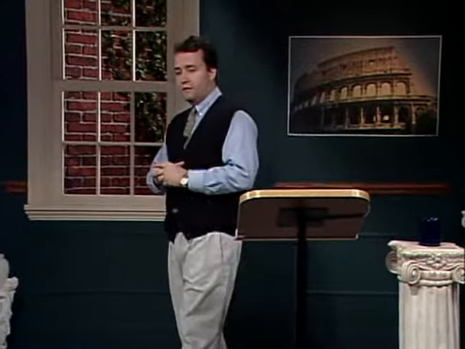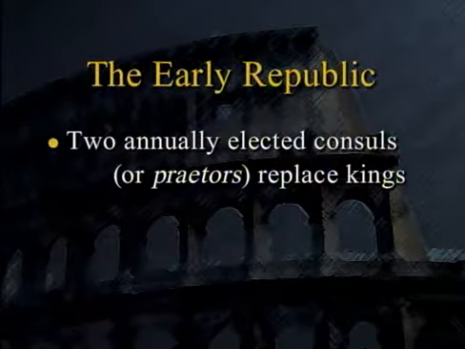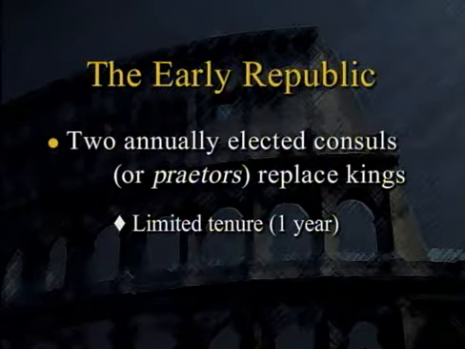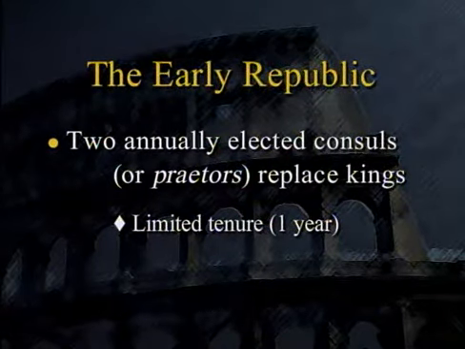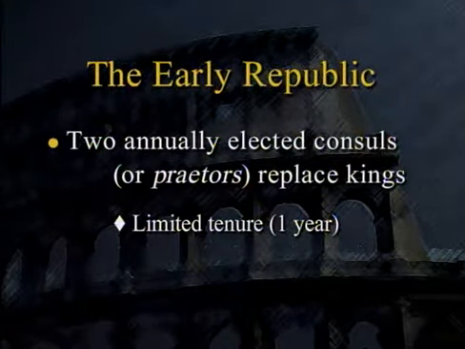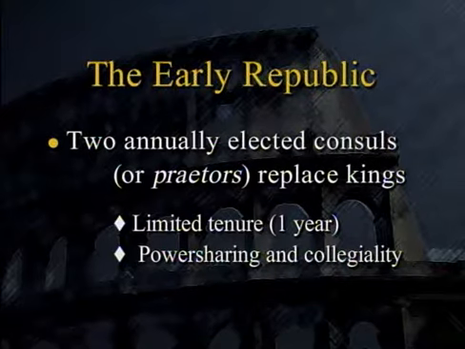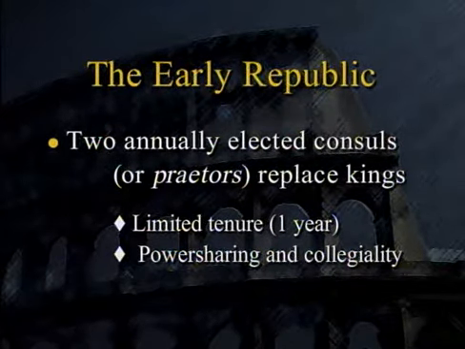What's noteworthy straight away about this system of government is that 2 basic principles that were to forever mark office holding in Republican Rome are established at the very outset. You have a limited tenure of office of 1 year's duration, and you always have at least one other colleague, one other person with the same powers as yourself holding that office.